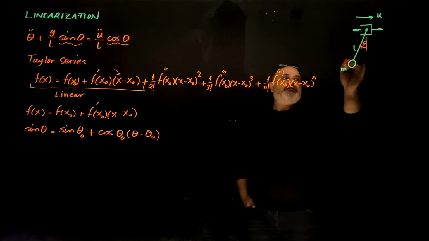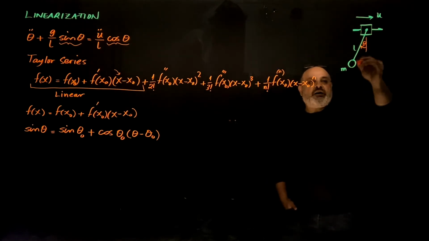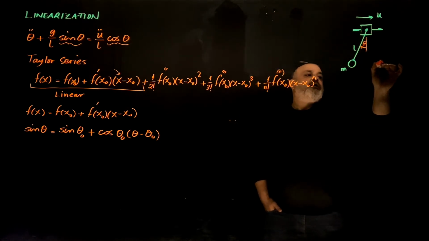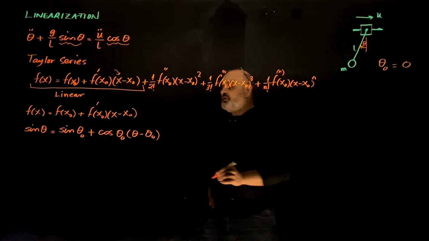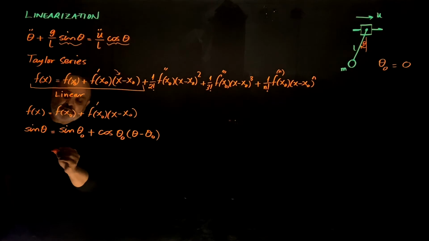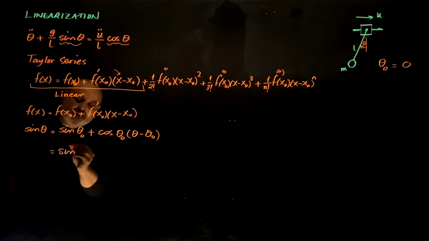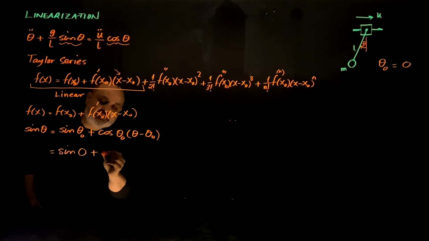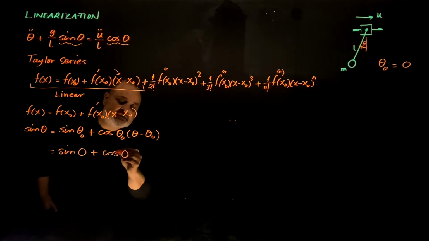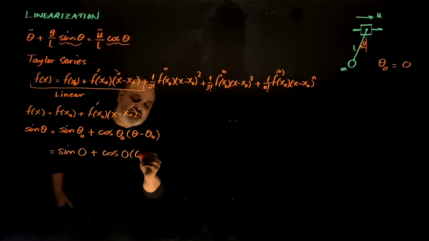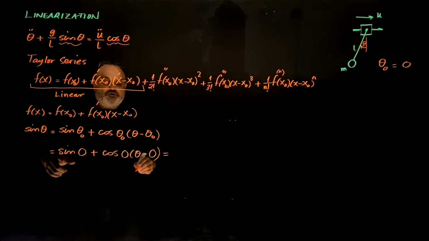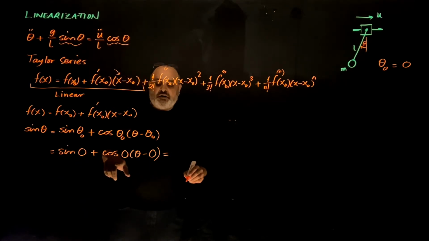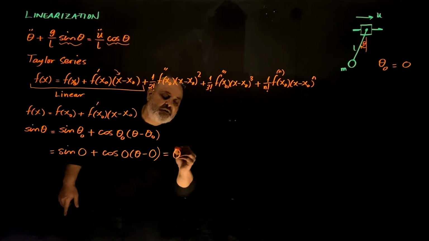In some applications the angle might be different, but in my case here I will choose theta 0 to be 0. So that makes this approximation sine of 0 plus cosine of 0 times theta minus 0. Sine of 0 is 0, cosine 0 is 1, times theta minus 0 is theta.